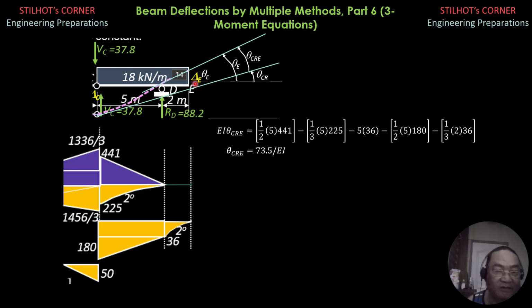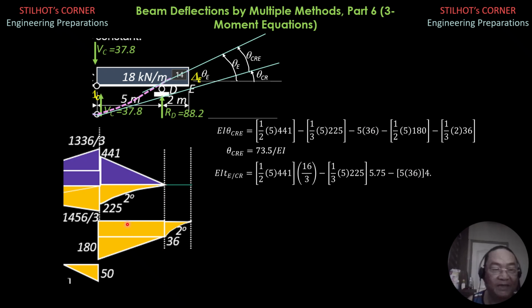So take note, this is delta E and this is delta C. So EI times the deviation of point E relative to the tangent at C right is these same areas between C and E, and we just provide moment arms. Then take note that we should compute the moment of these areas about point E.